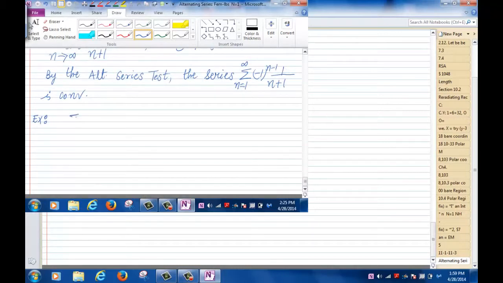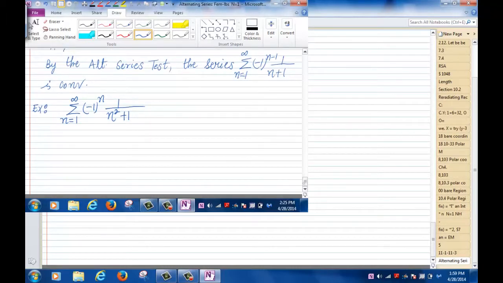So if I have, for example, the series n going from 1 to infinity, negative 1 to the n, 1 over n squared plus 1, is this series convergent? Well, it is alternating for sure. And then number 1, if I call this Bn, then clearly Bn plus 1 would be 1 over n plus 1 squared plus 1, right?